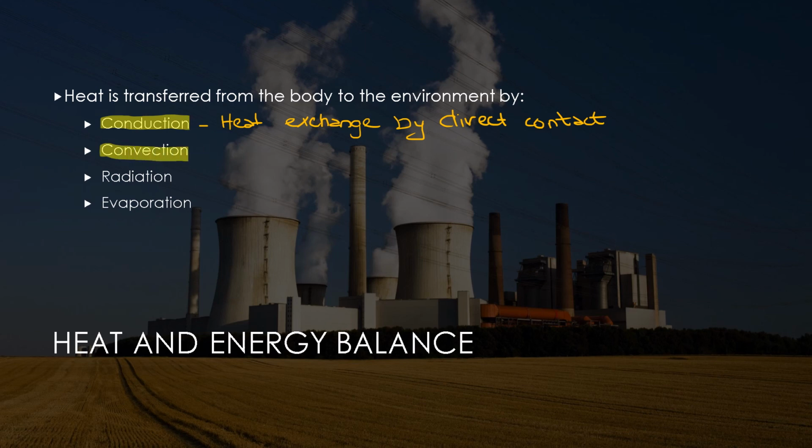Convection is our next method of heat transfer. This is the transfer of heat by the movement of a fluid, a gas or a liquid, between areas of different temperature.